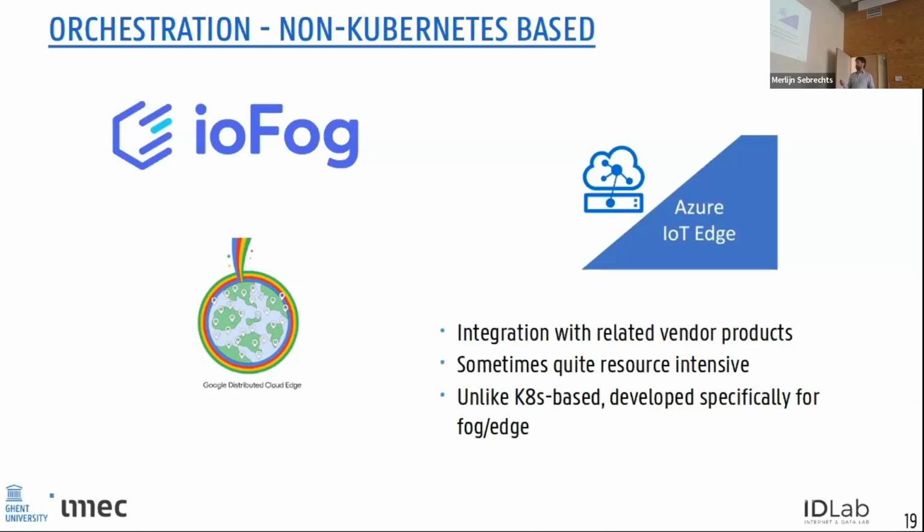So you deploy the entire orchestration and management software and runtimes on your edge devices. Except for Azure, which is quite efficient. But unlike the Kubernetes-based solutions, these are specifically developed for the edge. So in the future, this will remain edge-oriented and they will support edge devices explicitly.